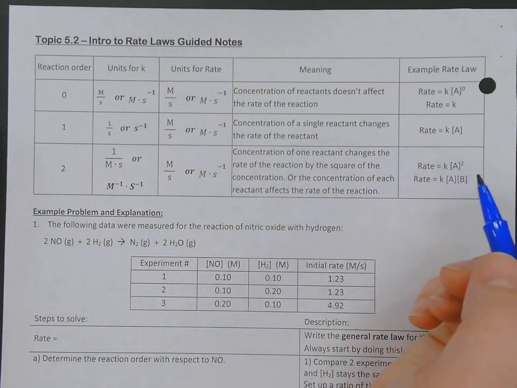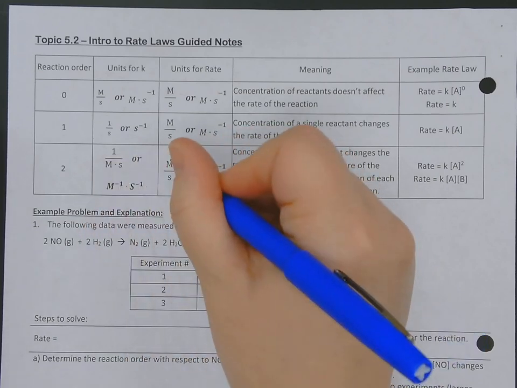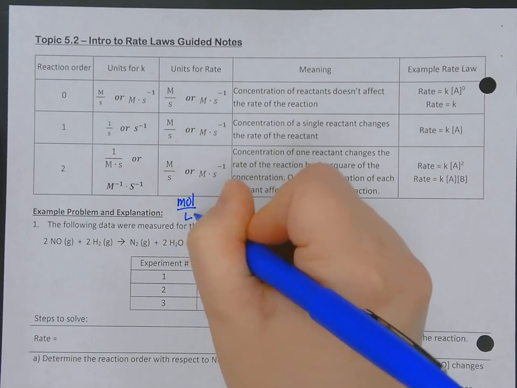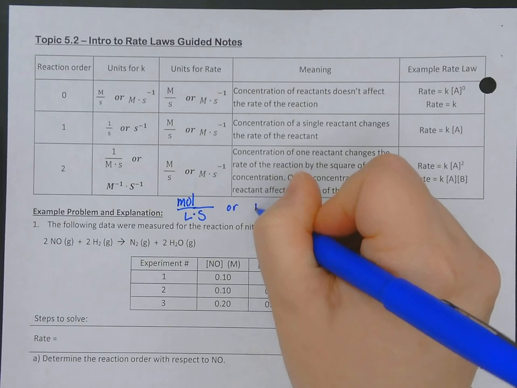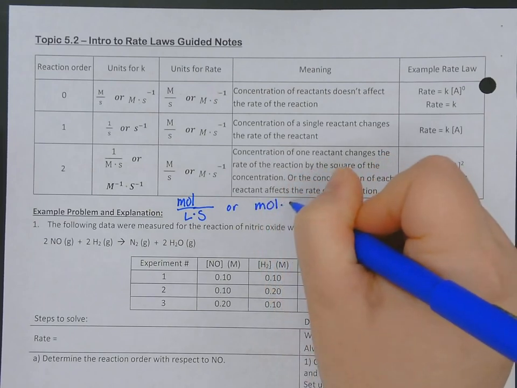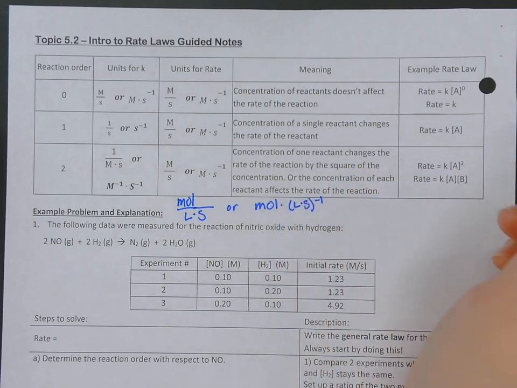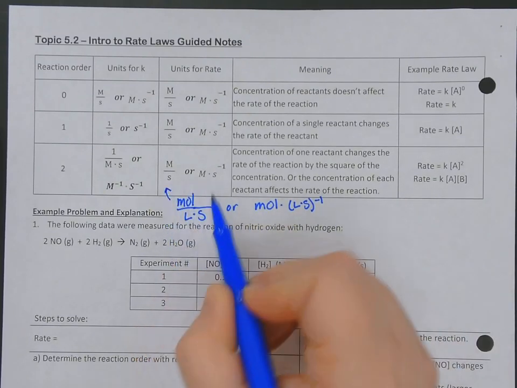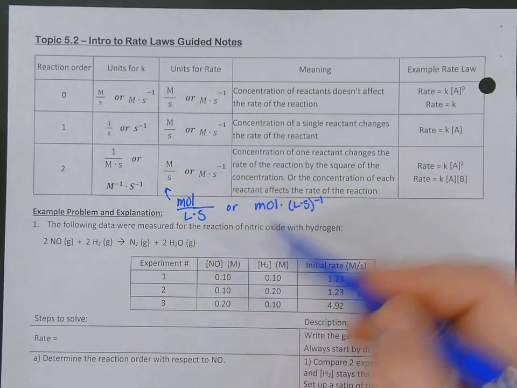The other way you might also see it, instead of them writing molarity, they might write moles per liter times seconds, or liters times seconds to the -1, something like that, okay? So those are other ways you might see this same one, is instead of writing molarity, they write it as moles per liter. So, things to keep in mind.